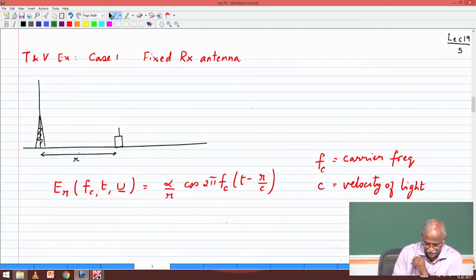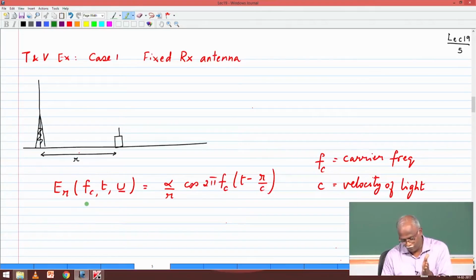We have a transmitter, like a base station, and a mobile station at a distance of r. We are looking at the electric field. The electric field is a function of the carrier frequency, the time, and the displacement vector. And u itself is a function of the displacement, the azimuth angle, and the elevation angle.